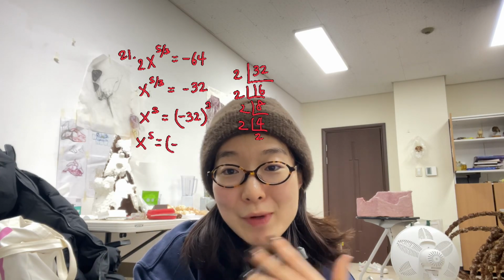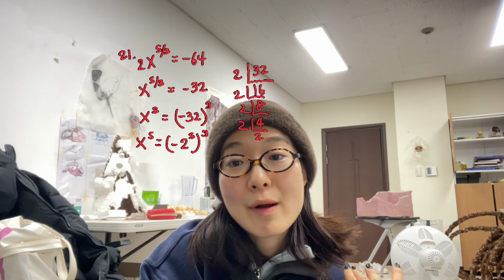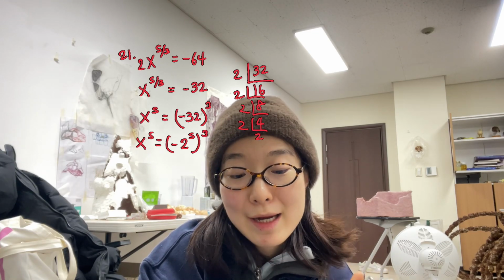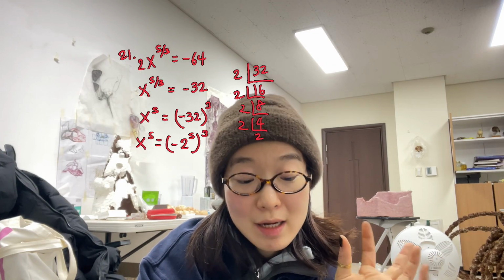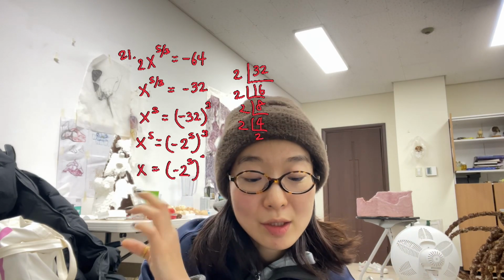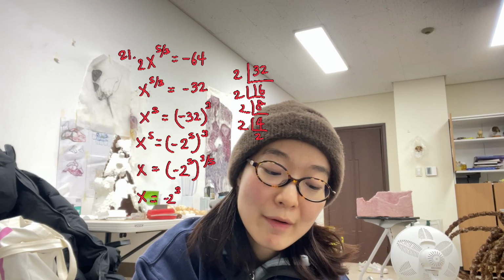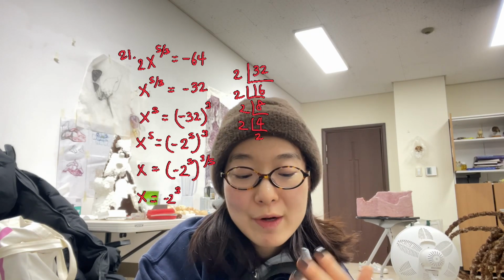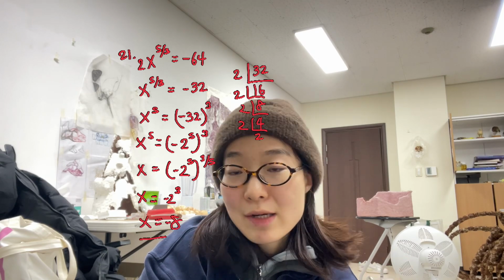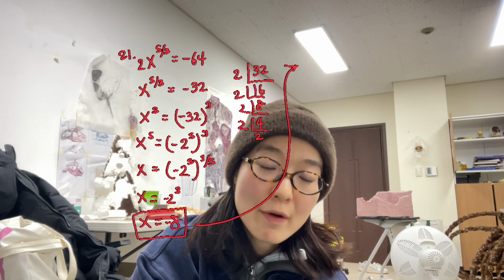But in our case, we have negative 32. So that means negative 2 raised to the power of 5 gives us negative 32. And that negative 2 raised to the power of 5, that whole thing has been cubed. And since we have x raised to the power of 5, that means we're essentially going to have x equals negative 2 raised to the power of 5 times 3 over 5.